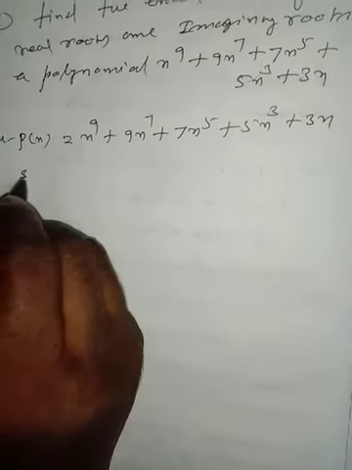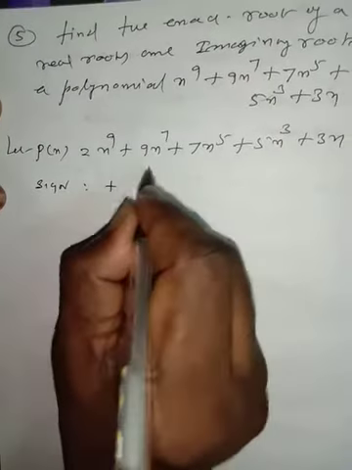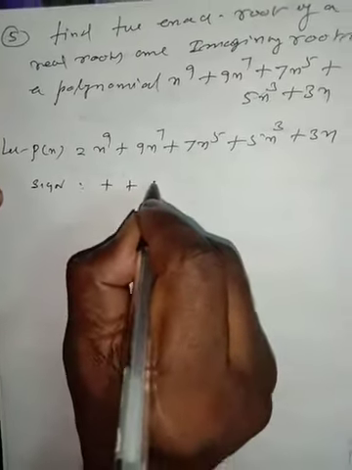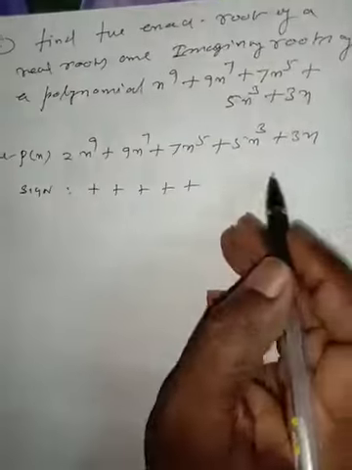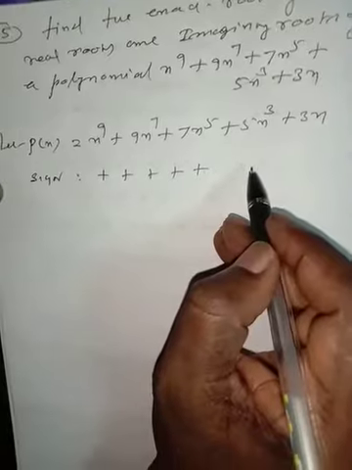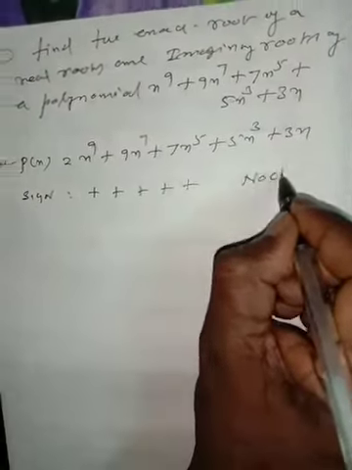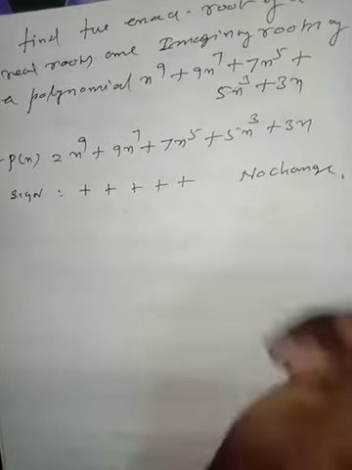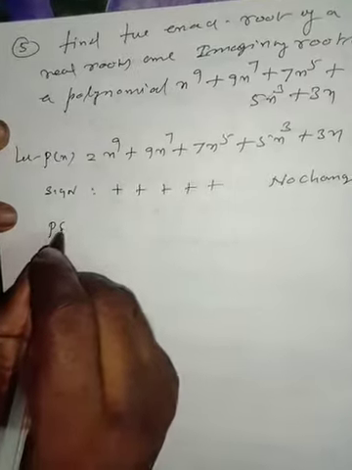First, signs: plus, next plus, next plus, next plus, next plus. How many terms? 5 terms. All are positive. P of x, no change. Next, p of minus x.